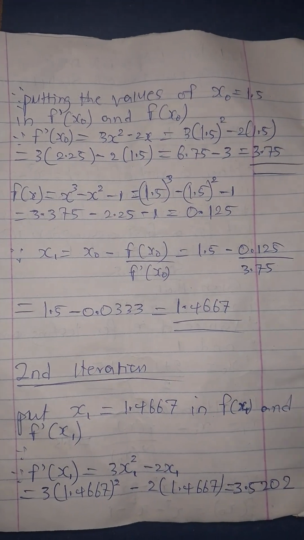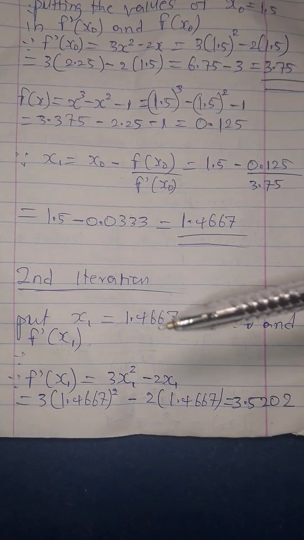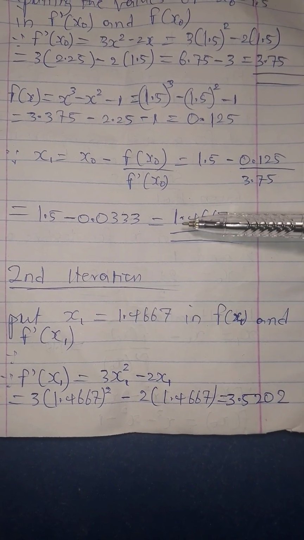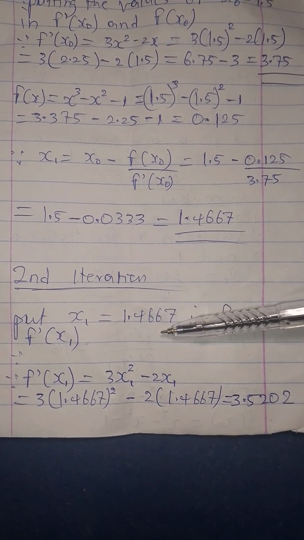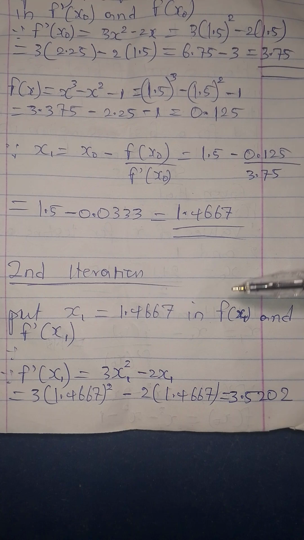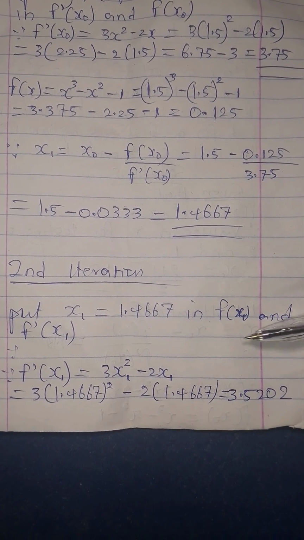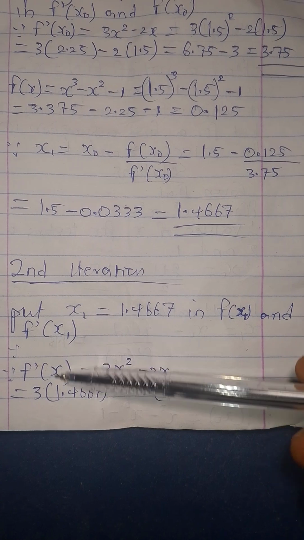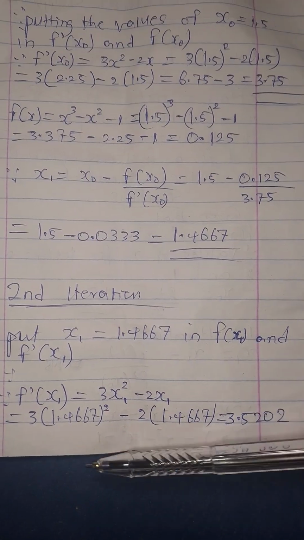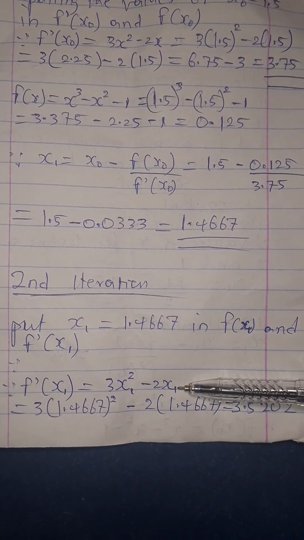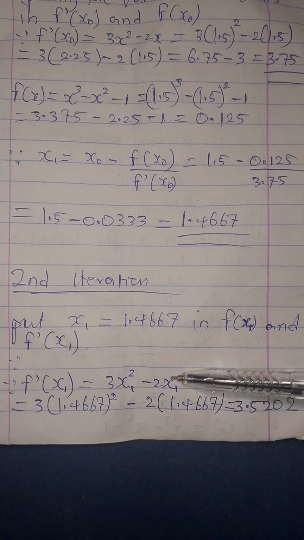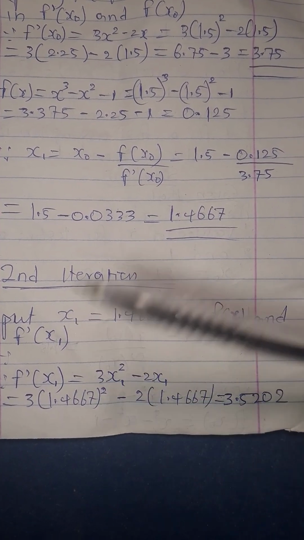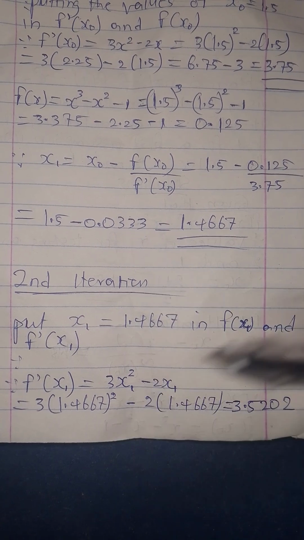Okay, now for the second iteration, we put x1 equal to 1.4667 in f of x1 and f prime of x1. So f prime of x1 is equal to, as usual, 3x squared minus 2x, which becomes 3x1 squared minus 2x1, because since we are finding the second iteration, the values of x will be in x1.